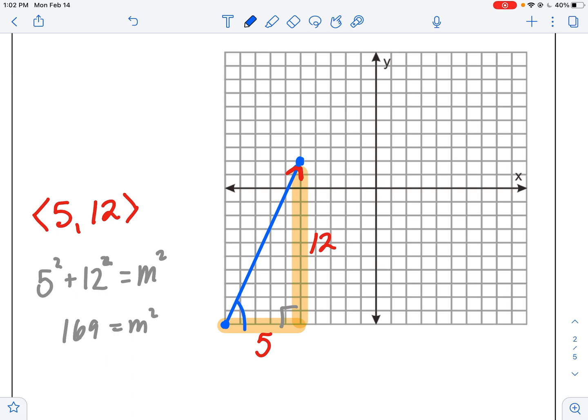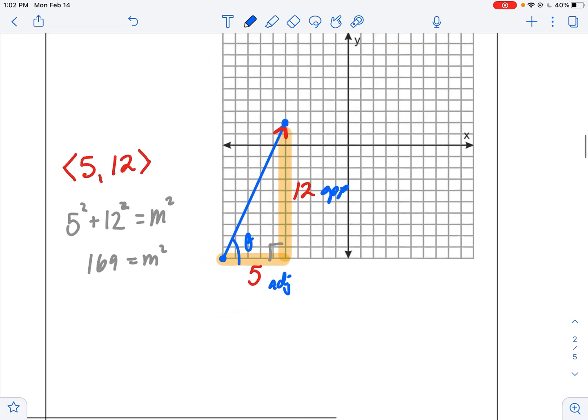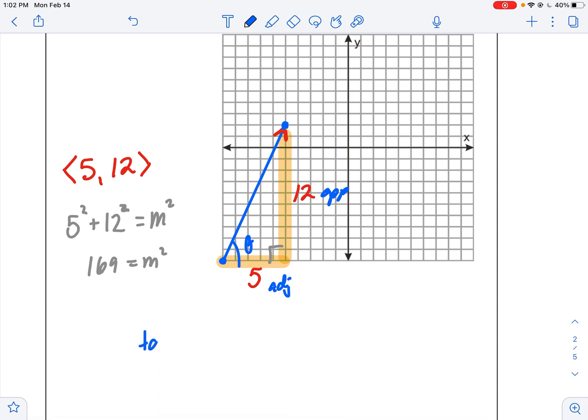So I'm going to find this angle here, and I should identify that I have the opposite side and the adjacent side, which means I'll have the tangent. So tangent of theta is going to be the opposite over the adjacent.